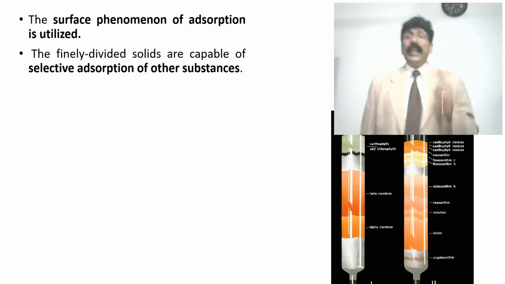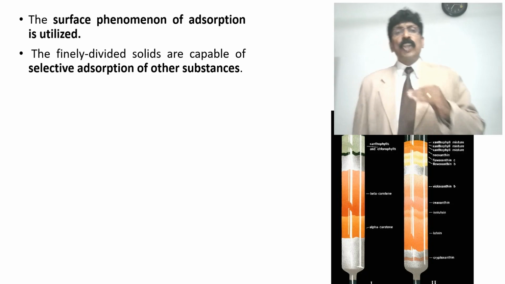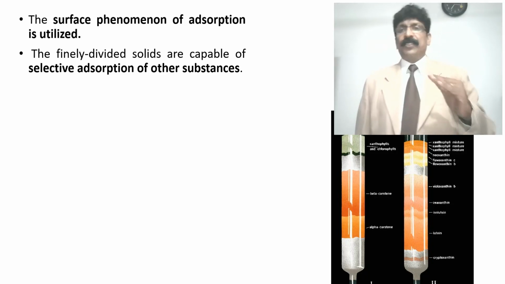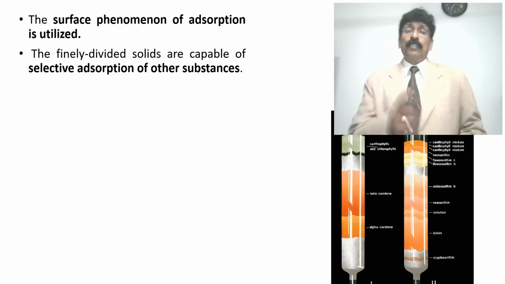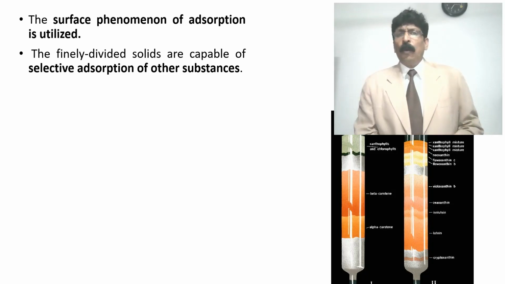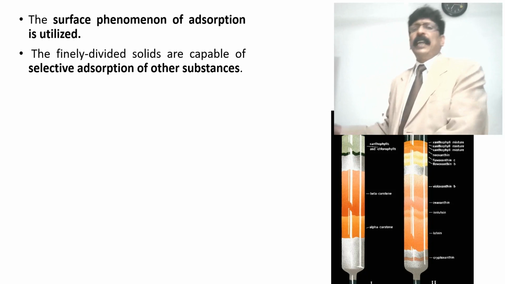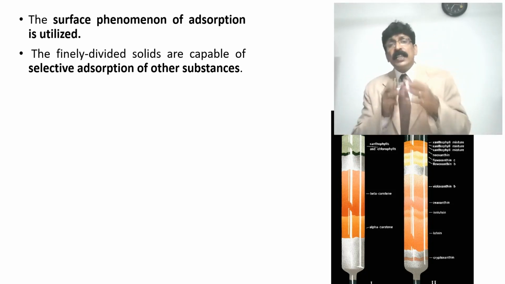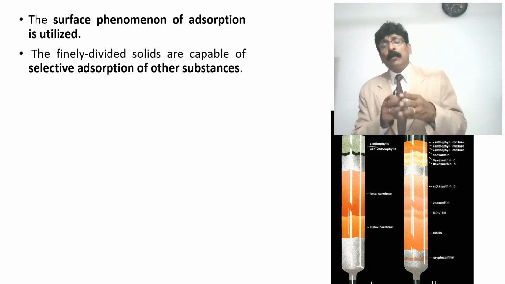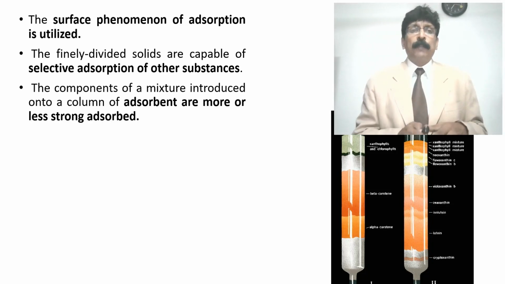The finely divided solids are capable of selective adsorption of other substances. So the adsorbents are selective. As you have seen in the previous picture, one protein is strongly adsorbed, and other proteins are eluted very fast. So the selective adsorbent, which adsorbent you are selecting in a chromatography, plays a major role in your separation.